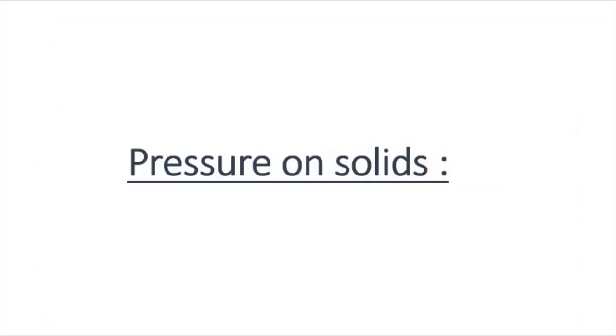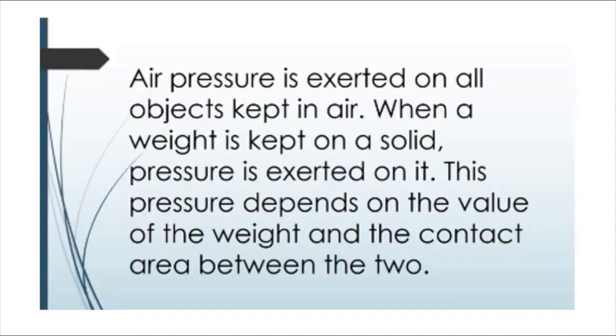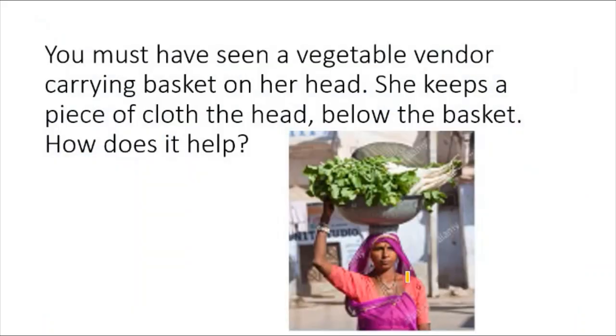Now, pressure on solids. Air pressure is exerted on all objects kept in air. When a weight is kept on a solid, pressure is exerted on it. This pressure depends on the value of the weight and the contact area between the two. Use your brain power. Children, you must have seen a vegetable vendor carrying a basket on her head.